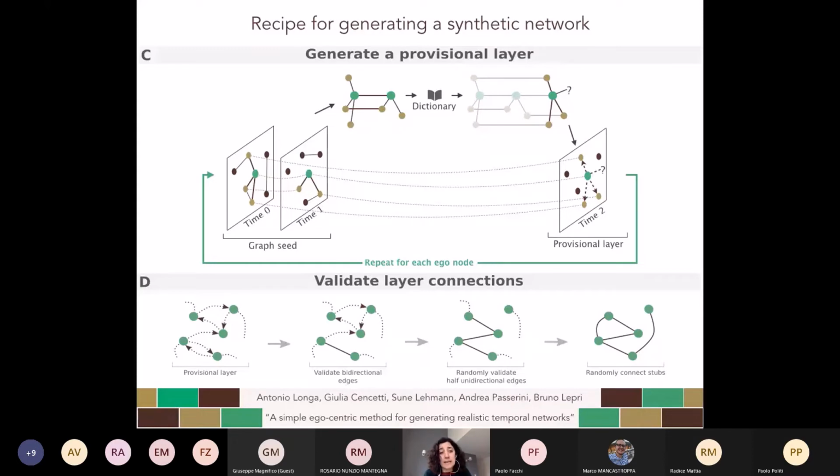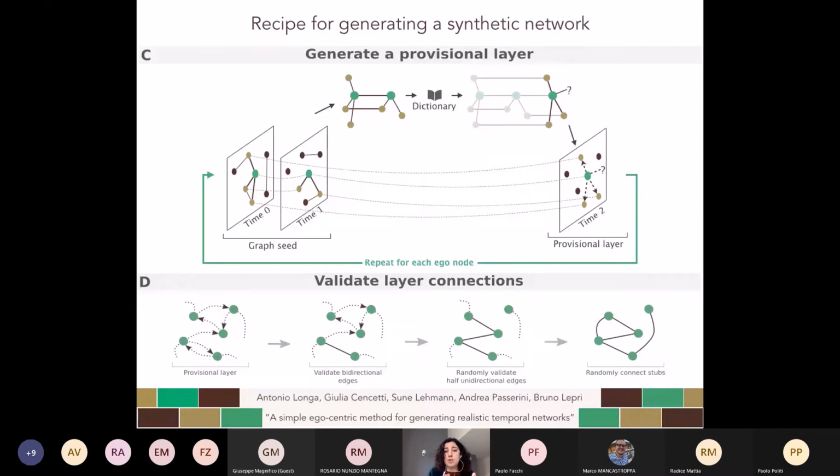Then the second layer is built actually using the method that I explained, so based on egocentric temporal neighborhood, but just rescaled in time. So instead of having a dictionary where the entries have 2 time steps, now we use a dictionary where the entries only have 1 time step, but we repeat the same procedure.